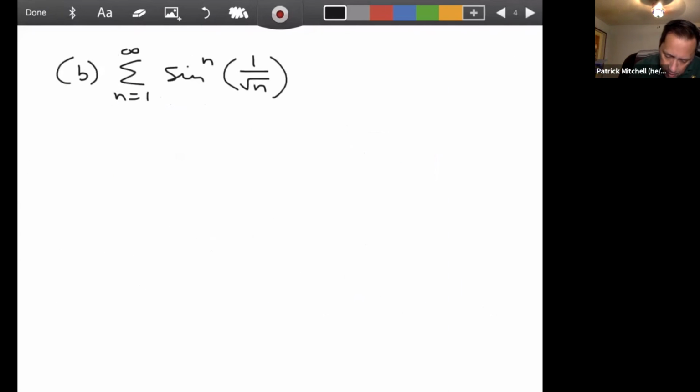All right, next example, the sum n going from 1 to infinity of sine of 1 over the square root of n, to the nth power. So we have the limit as n increases without bound of the nth root of the absolute value of a sub n.